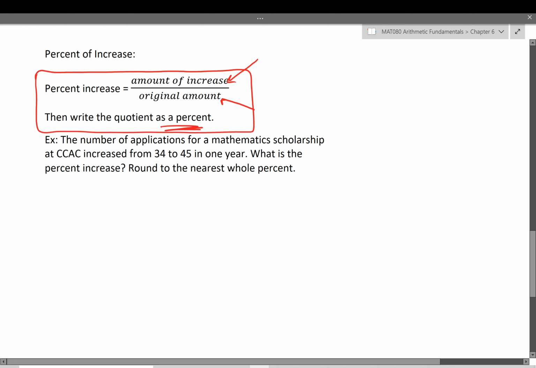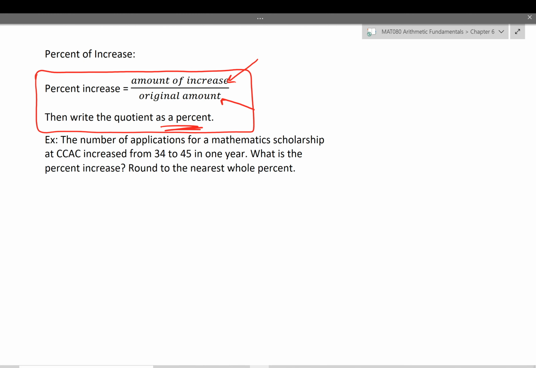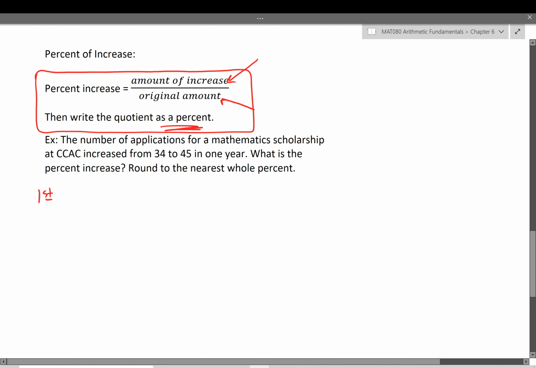Okay? So the number of applications for a mathematics scholarship at CCAC increased from 34 to 45 in 1 year. What is the percent increase? Round this to the nearest whole percent. The first thing we're going to do is find the amount of increase.